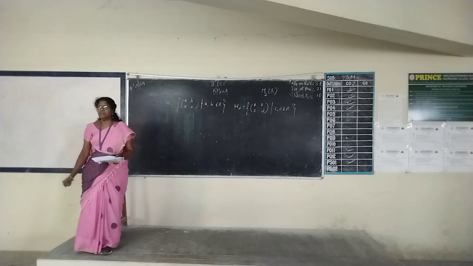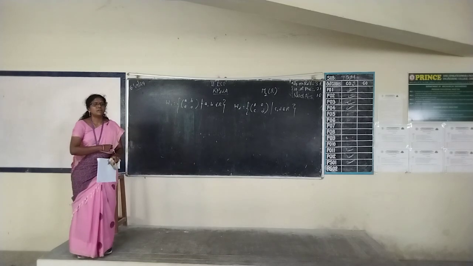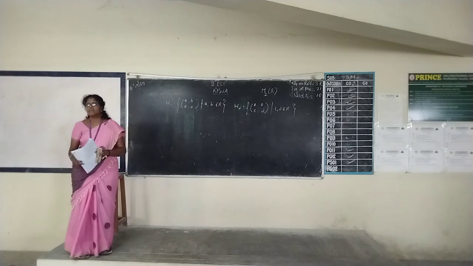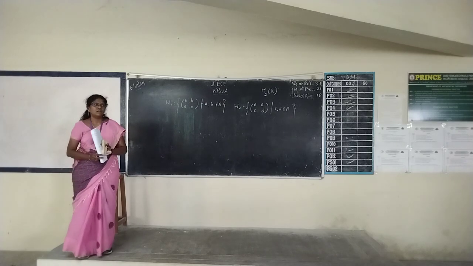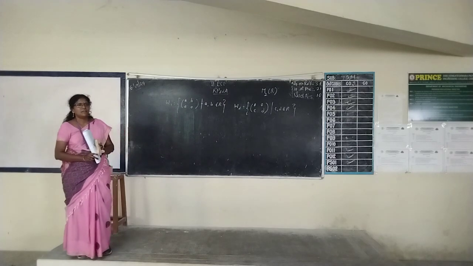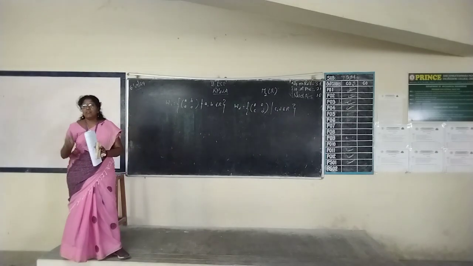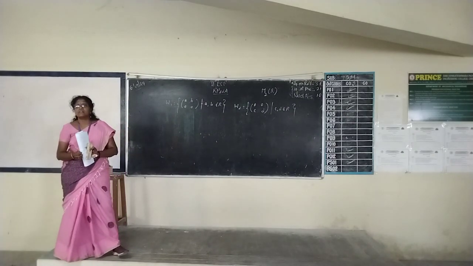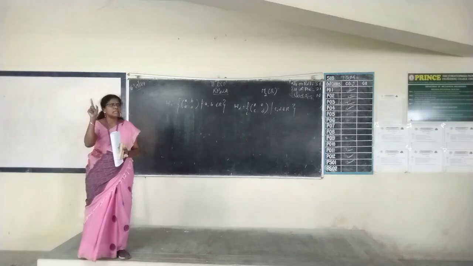What are the conditions, no? W1 plus W2 equal to V, the linear sum. Then the direct sum. I gave you all the conditions. What are the conditions? W1 intersection W2 should be equal to the singleton {0}.